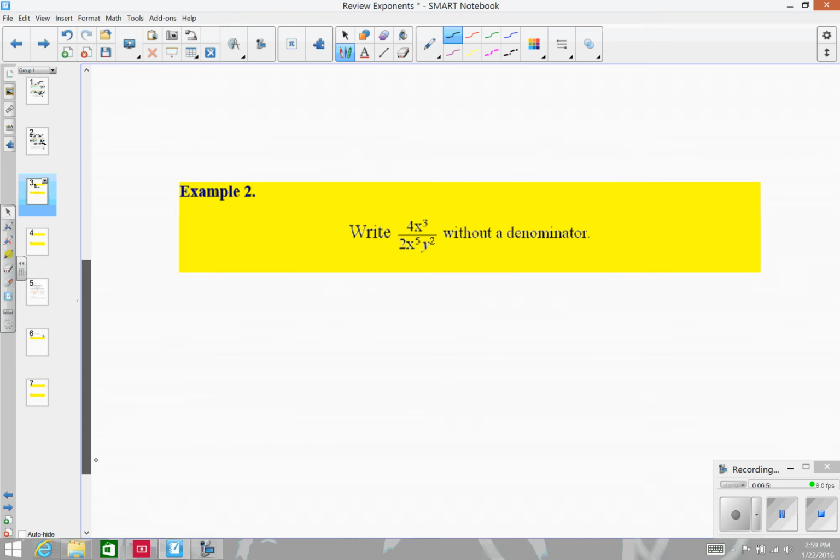Moving on to the next example. This time we are asked to write this fraction without a denominator. That means we need to move everything in the denominator up into the numerator. So if we're going to do that, we are going to need to take everything that's in the denominator.